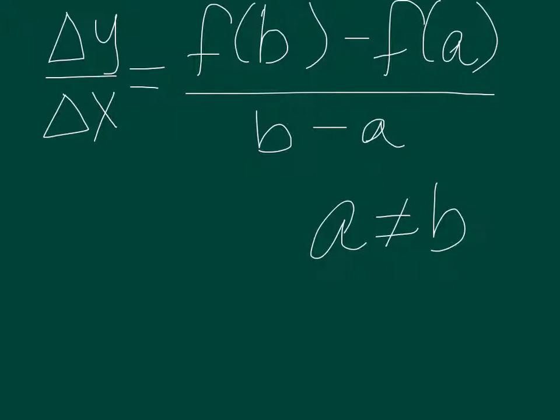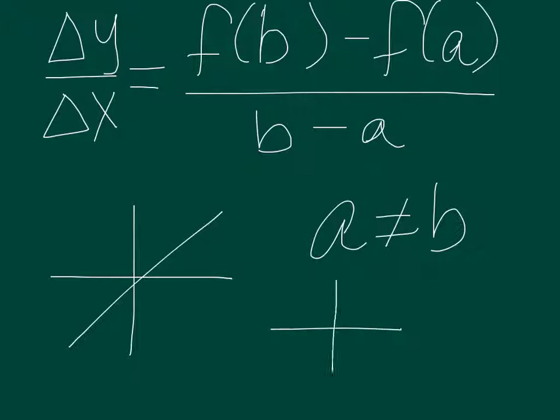Now a and b are 2 points, 2 x values, and if we just plug everything in, that is how we find the average rate of change, or the slope of a function itself. And since we know that most functions don't look like this, they usually look something more along the lines of this, the average rate of change aims to find the slope in between 2 points.